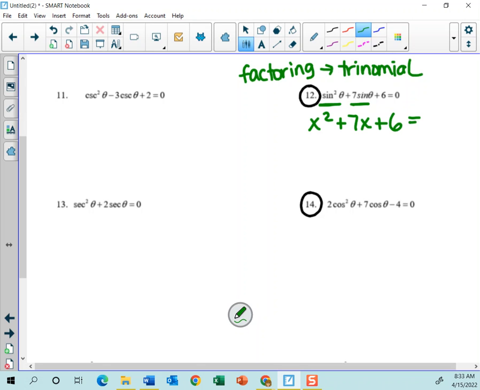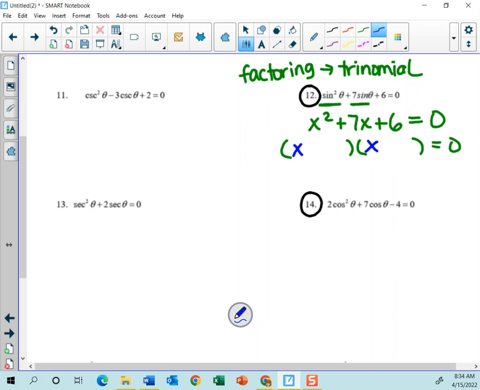So I'm going to think about factoring this like it looked like that. Okay, x squared plus 7x plus 6. I'm sorry, I don't have tissues. All right, x squared plus 7x plus 6 equals 0. When my leading coefficient is 1, that's an easier factoring plan, because x squared is just xx, always.